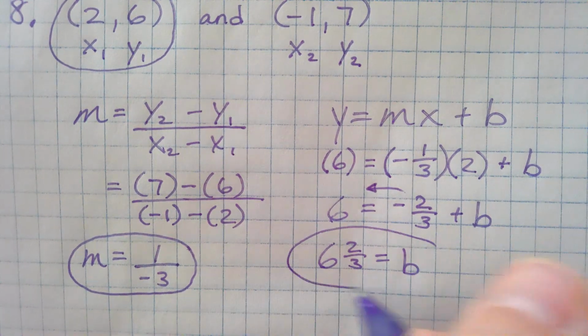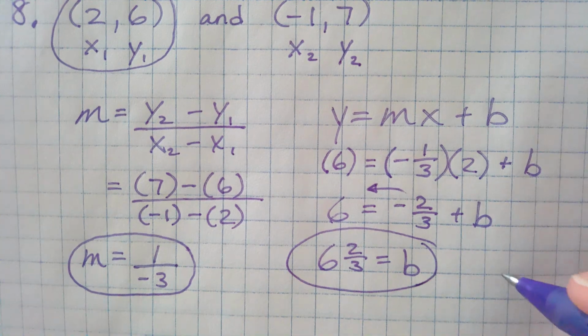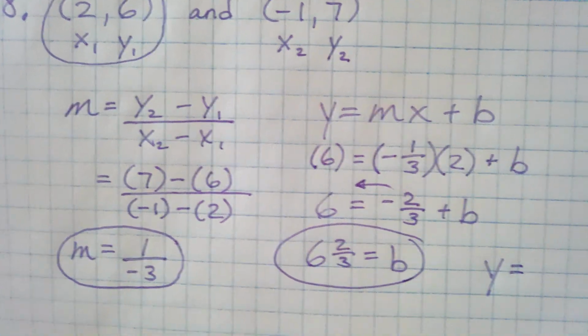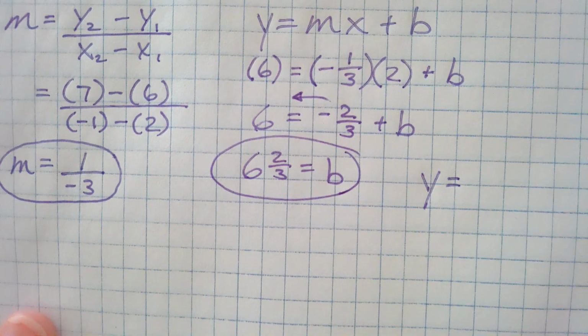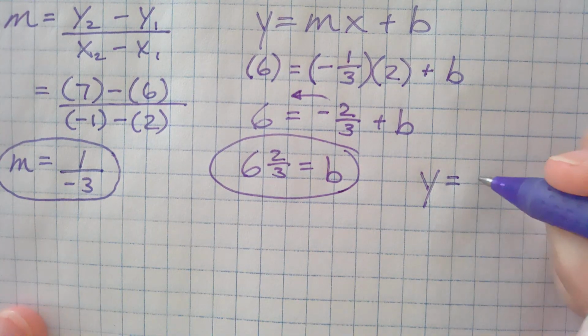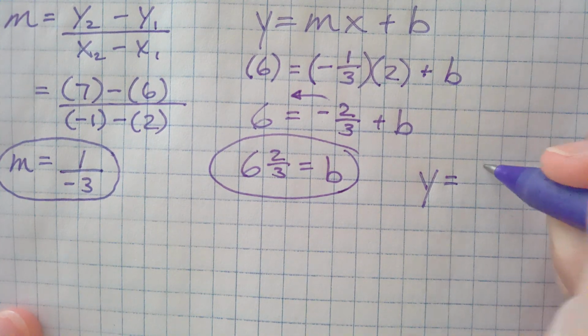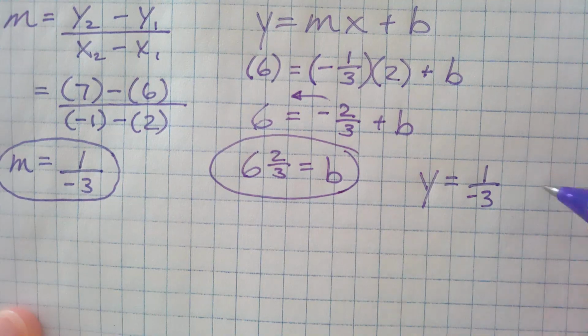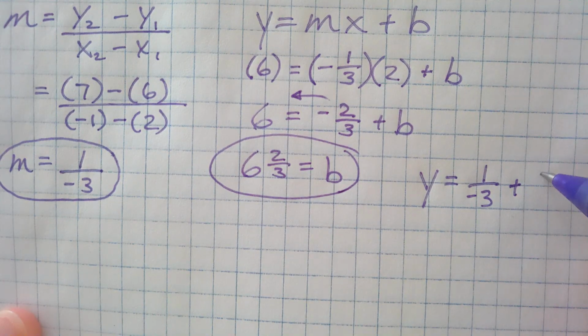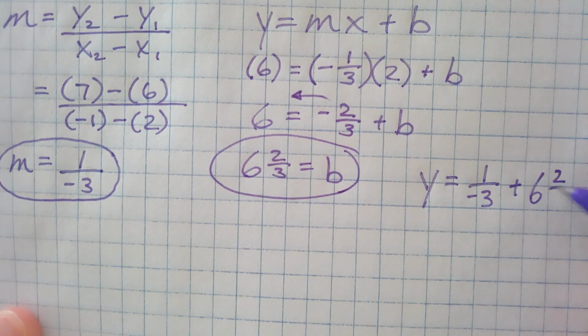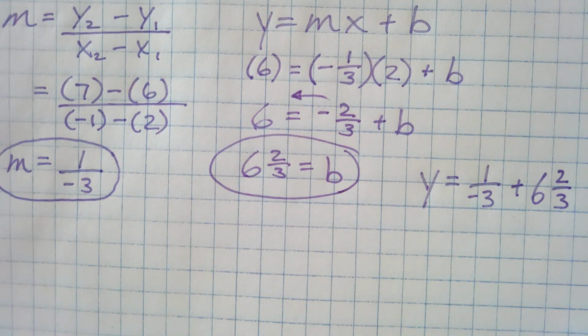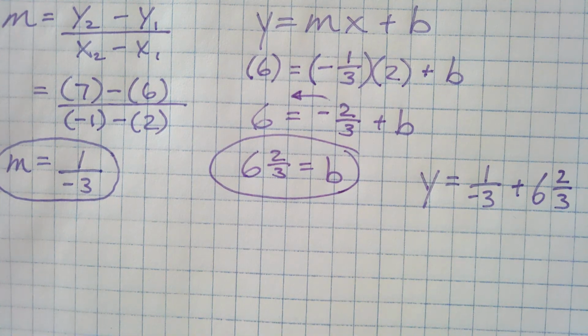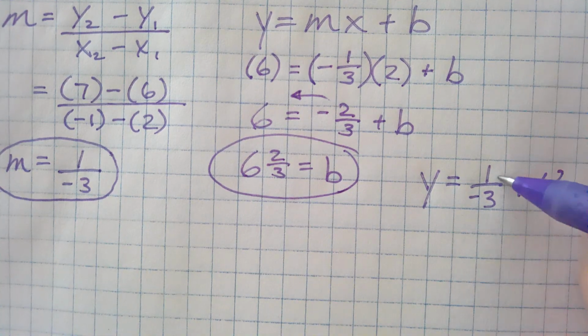Okay, I have my m, I have my b. So what's my equation? Y equals? Let's put it together. William. Negative 1 over 3 plus b. No, plus 6 2/3. Okay, full marks? Oh, yeah, x.